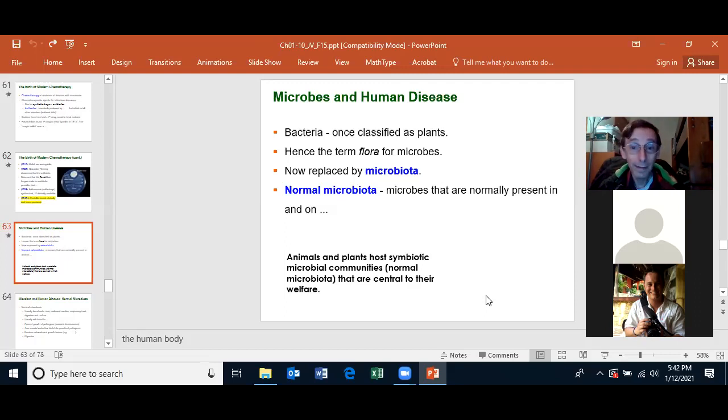Microbiota is the organisms in and on a person. Animals and plants host a symbiotic microbial community, very large numbers of cells that are part of our normal microbiota, and they're central to the animal's and the plant's welfare.